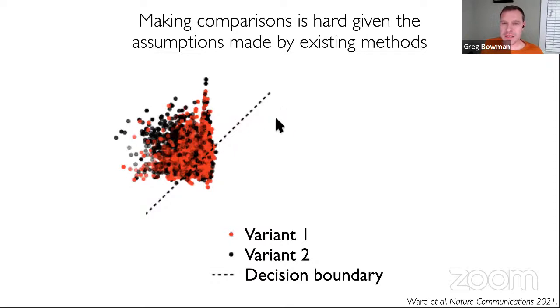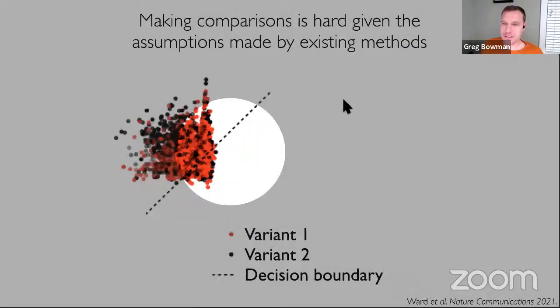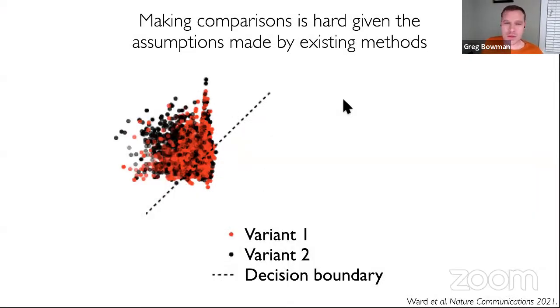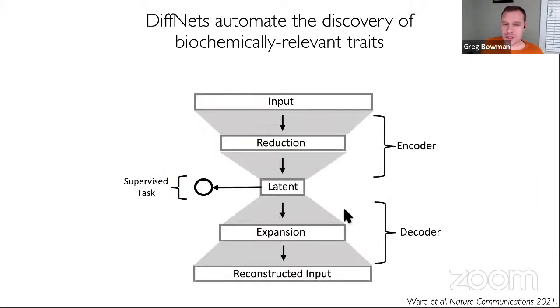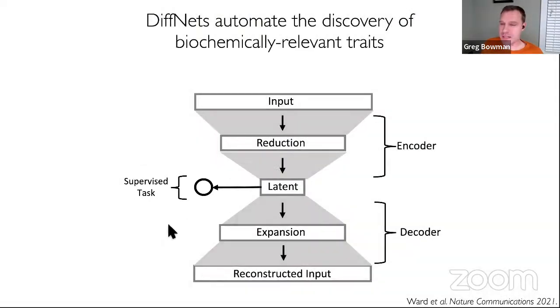And the idea is that, oftentimes when we're looking at variants, if we just do PCA or if we do an autoencoder, our data is overlapping in the space and we can't see clear differences, right? So we switch this to a supervised autoencoder where we have the standard encoder and decoder, but in addition to that task, the neural network also has to predict a label from the latent space, right? So this could be something quantitative like activities for different enzyme variants, or just zeros for the slow variant and 1 for the fast or whatever, right?